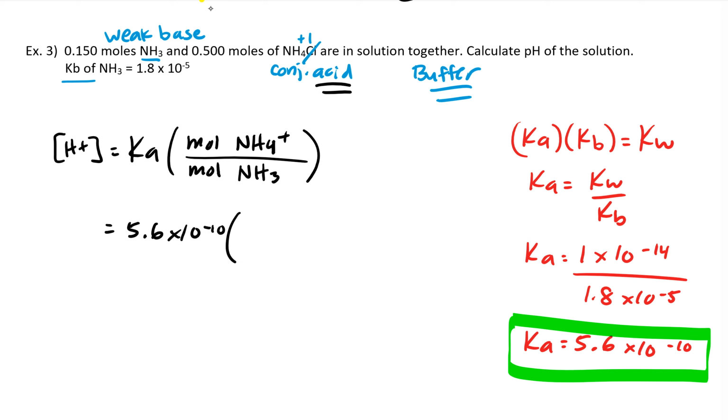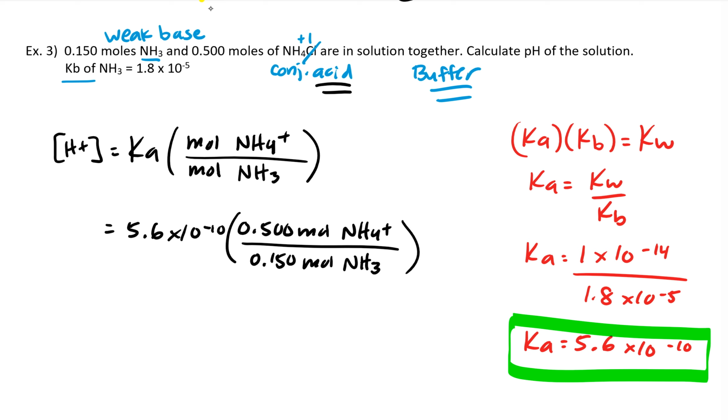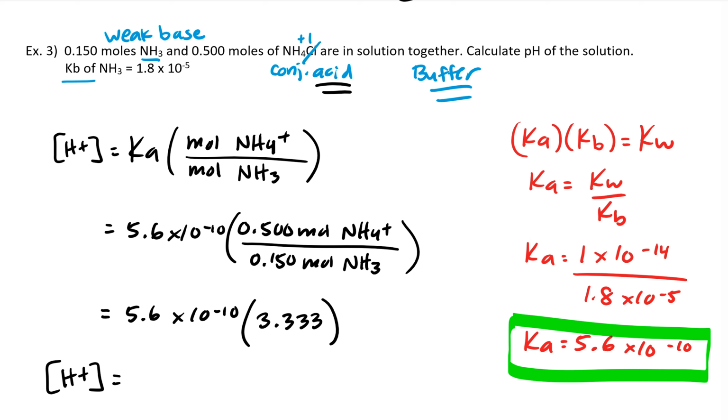So hydrogen ion is equal to 5.6 times 10 to the negative 10. Now for that mole ratio part, acid over base, 0.500 moles of NH4 over 0.150 moles of NH3. That mole ratio is 3.333. Do not round. Keep the values in your calculator, please. So hydrogen is equal to a molarity of 1.867 times 10 to the negative 9 molar.